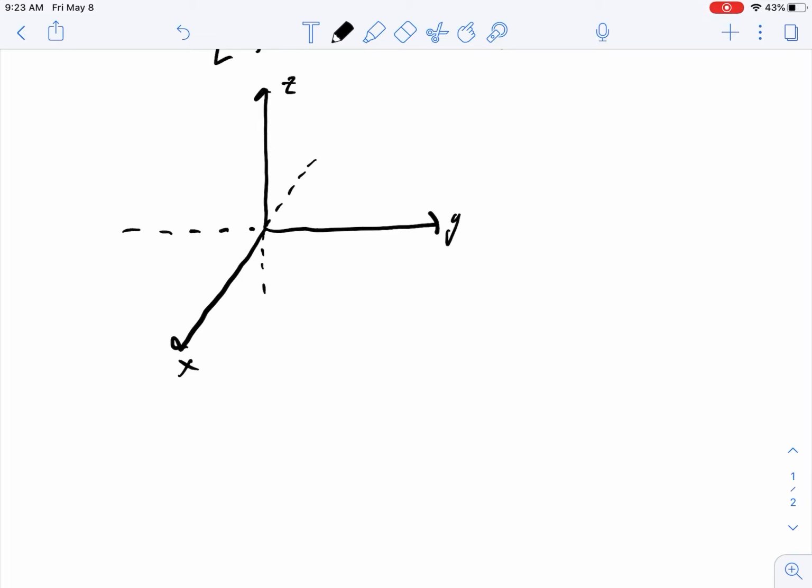So if I graphed out a particle that's moving, so let's say here is my x-axis, my y, and my z, and let's kind of go in the negative realm here on both for a little bit.